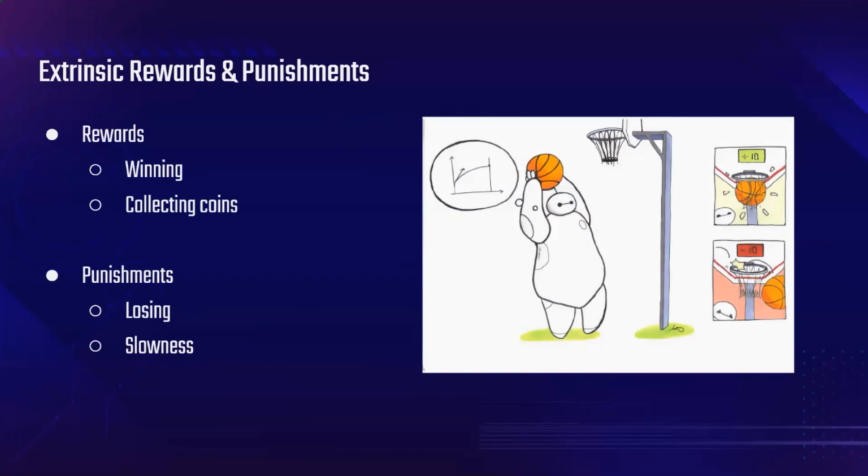So we have a reward for winning. For example, if the model reaches the finish line, it gets a big reward. And for any coins that are spread out throughout the map, if it collects any of them, it also gains a small reward. As for the punishments, we have a punishment for losing. So if the model falls into the water, it loses a certain amount of reward.